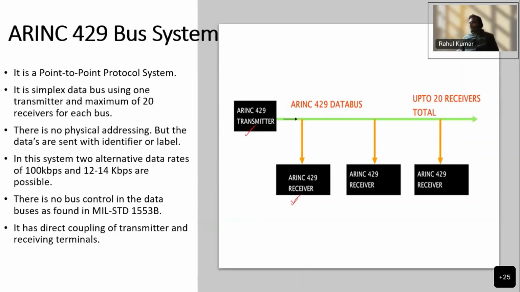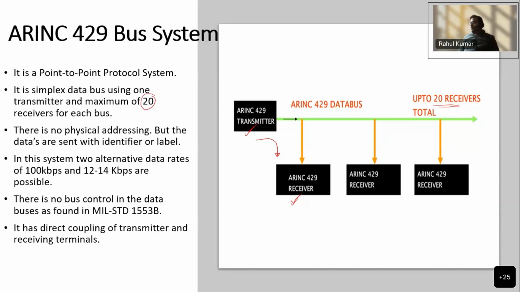Now it is a simplex data bus. That is, data can flow in only one direction, from the transmitter to the receivers. And the 429 bus system can support a maximum of 20 receivers.